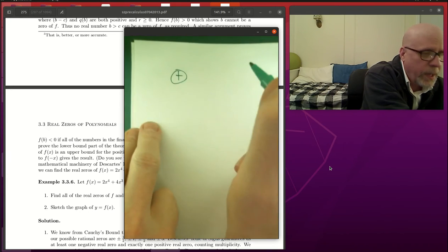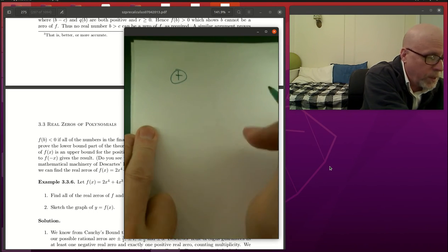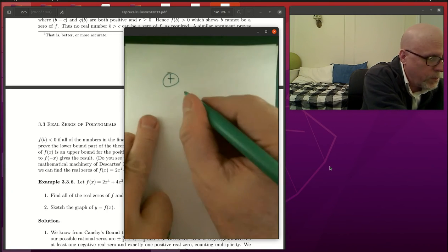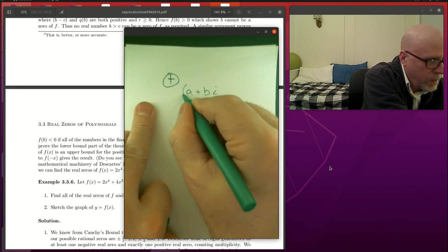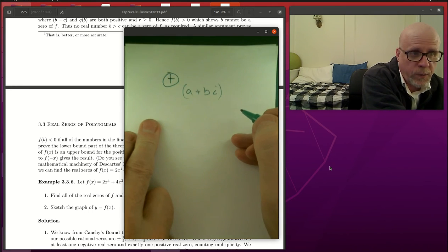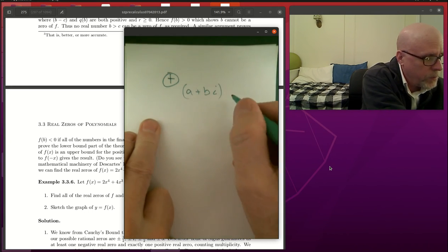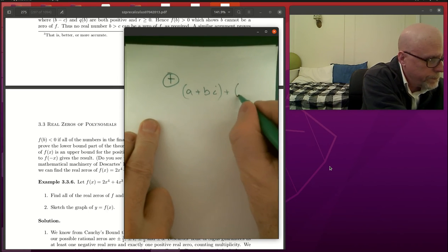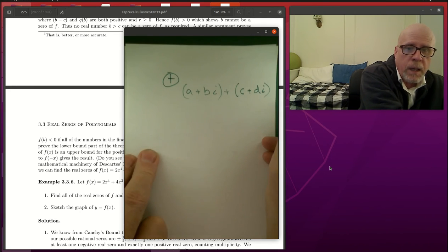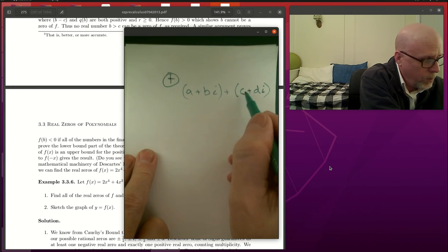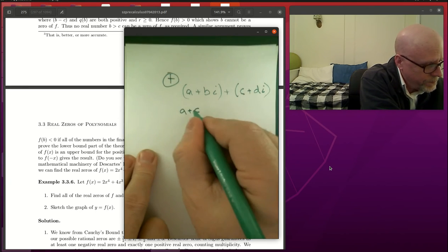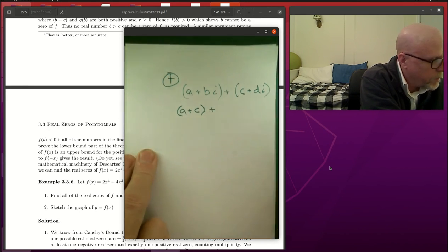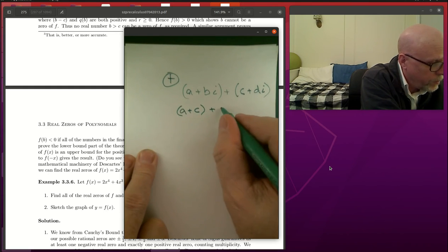So how do you add two complex numbers? Well, first off, I'm going to have to write down two complex numbers. One would be a plus bi. I'm just going to need different letters for the real and imaginary parts of the other one, so c and di, I guess. Here's how you add. You take the parts that don't have an i in them and add those. And then you take the parts that do have an i in them and add those.